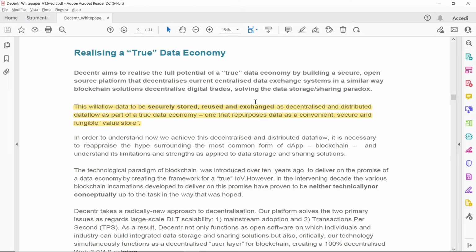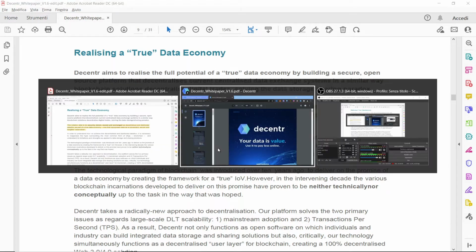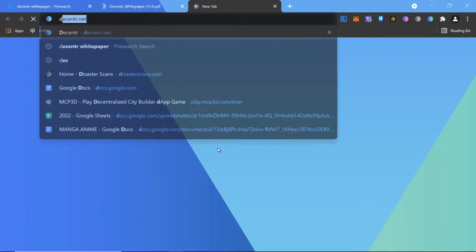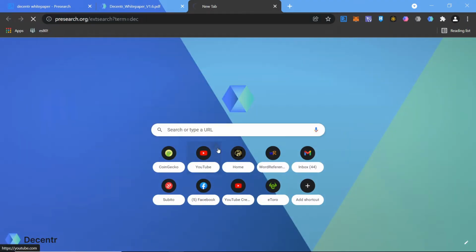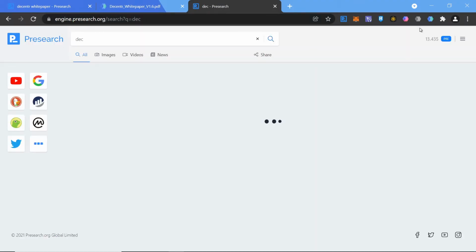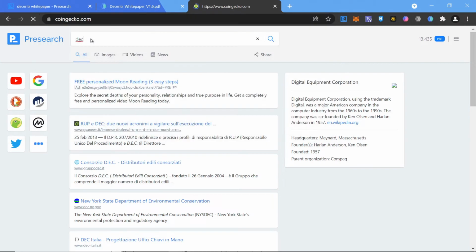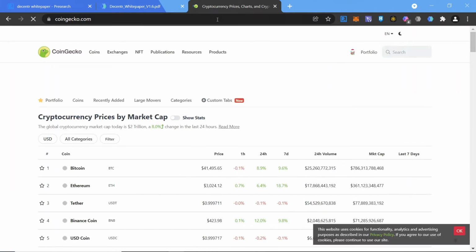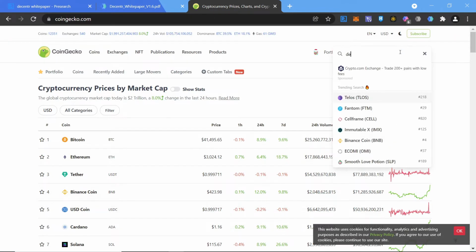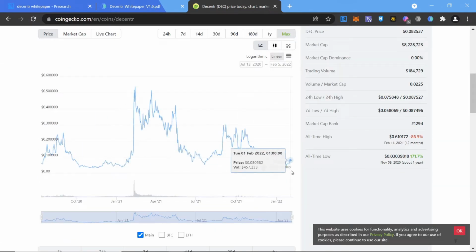And in exchange, they will give us some money back. And this money is given back in the form of the cryptocurrency of the project itself, which is DEC. Now, DEC doesn't have much value because it's still in the early stages of this project, but it will be the main component of everything that works in the Decentr space. But we will see about the tech and the cryptocurrency specifics in a few minutes.